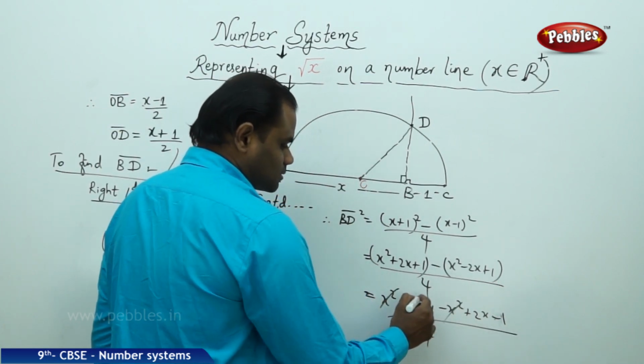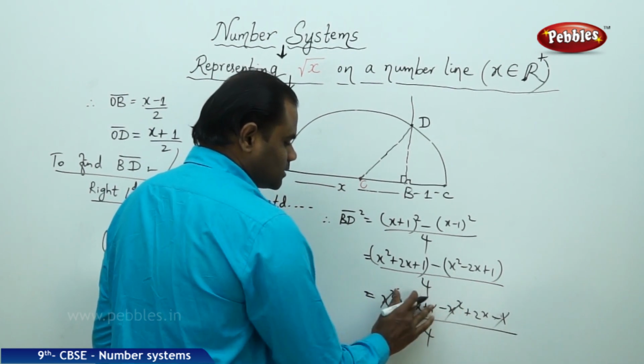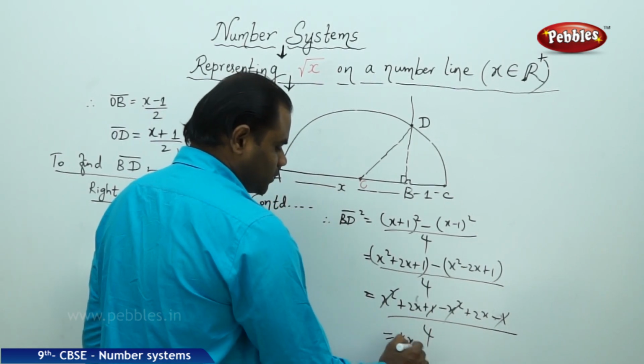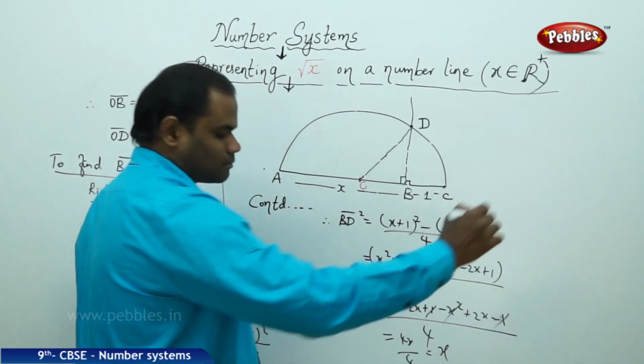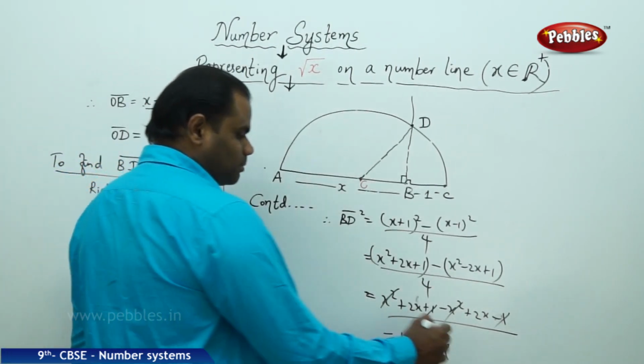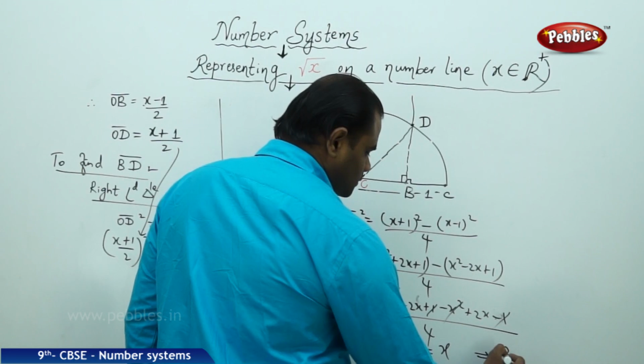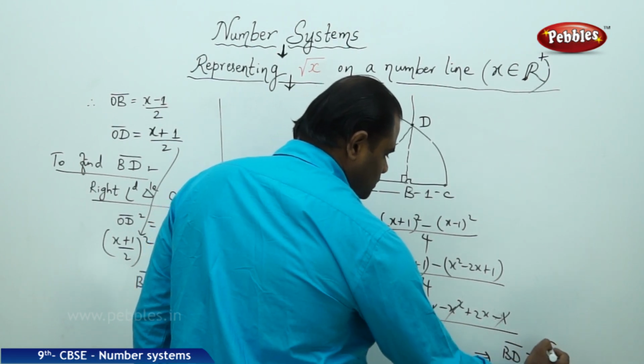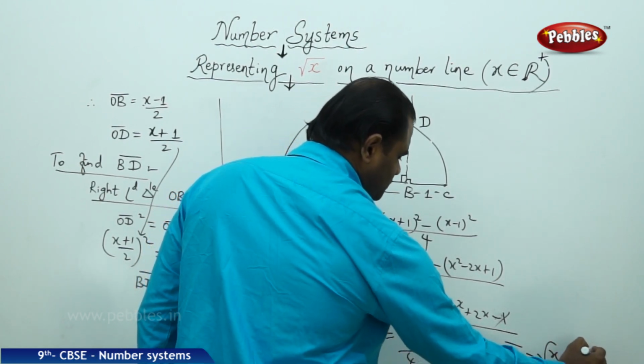This cancels, and 1 cancels, and we have 4x by 4, which is x. Therefore, my BD square is x, which implies the length BD is root x units.